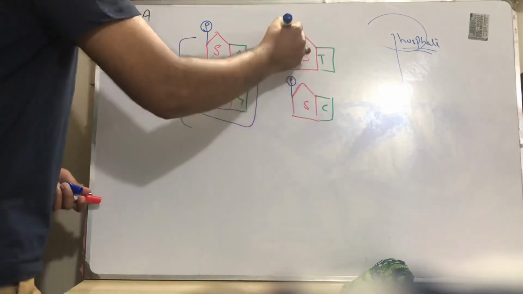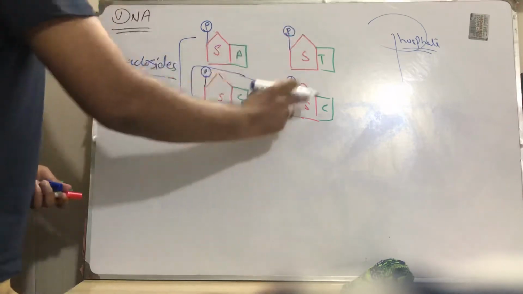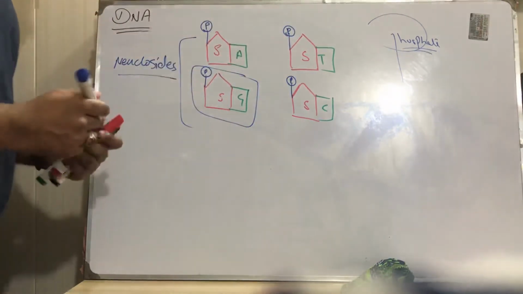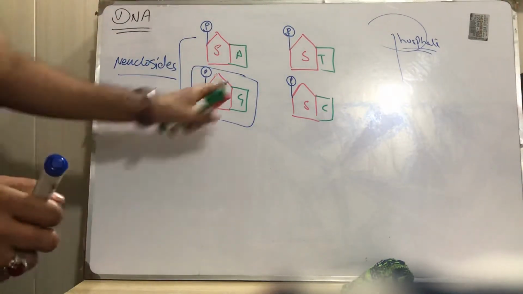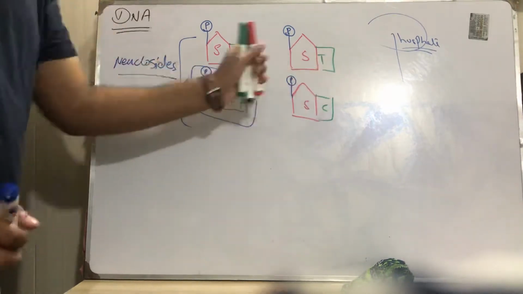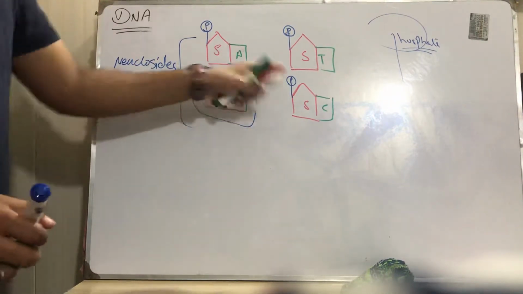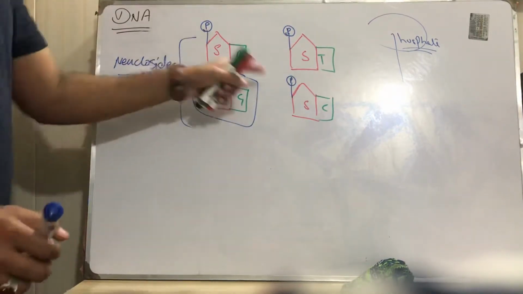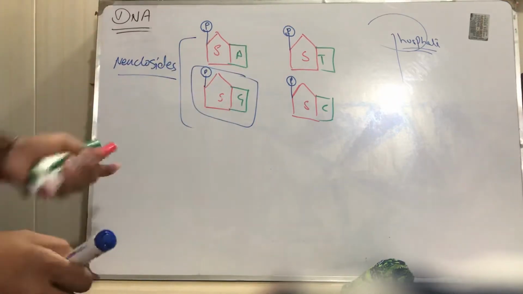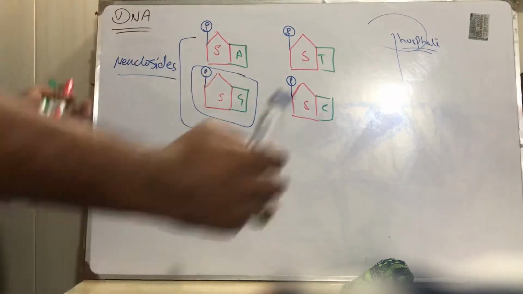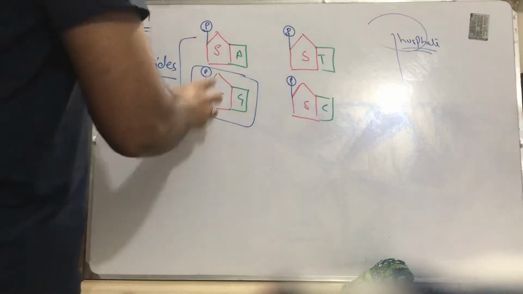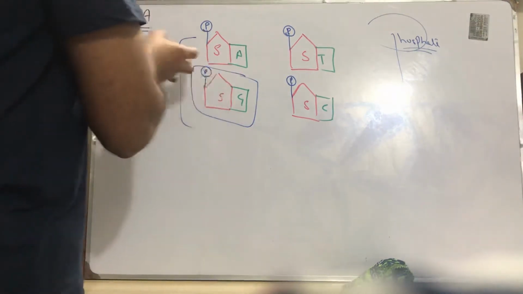So this is your nucleotide. The nitrogenous base is the green color, A, G, C, T; the red color is only sugar, and the blue color is showing phosphate. When these three components combine with each other, we make a nucleotide.